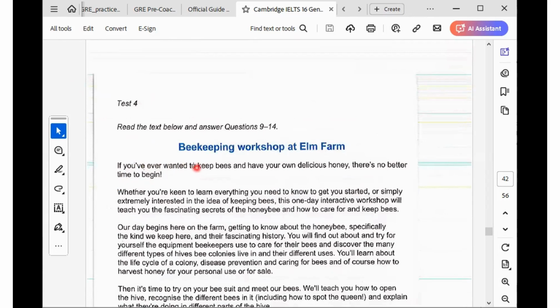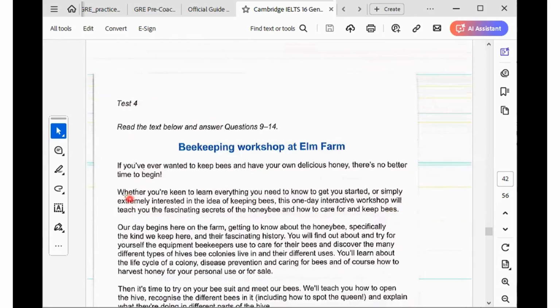If you have ever wanted to keep bees and have your own delicious honey, there is no better time to begin. Whether you are keen to learn everything you need to know to get started, or simply extremely interested in the idea of keeping bees, this one-day interactive workshop will teach you the fascinating secrets of the honey bee and how to care for and keep bees.